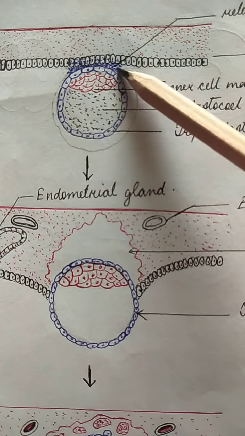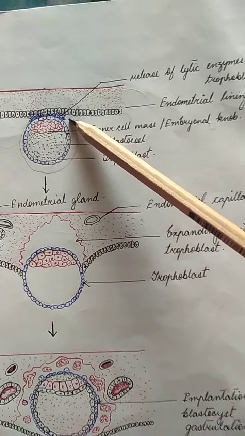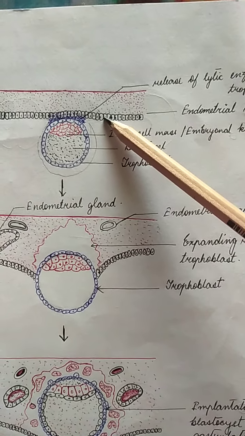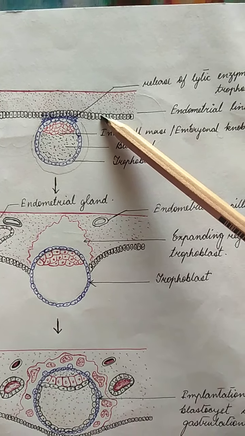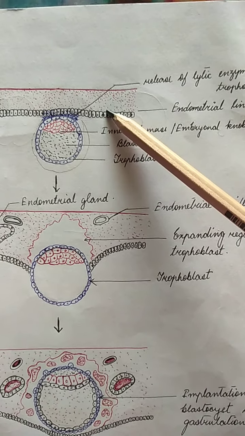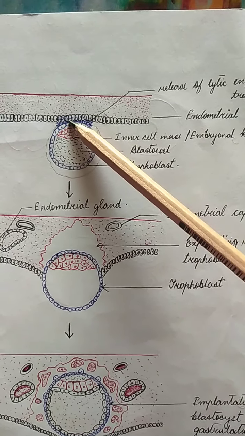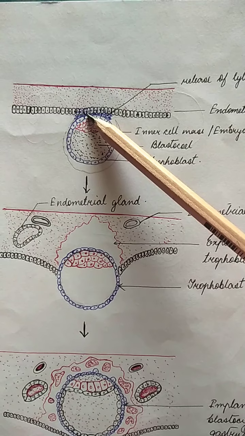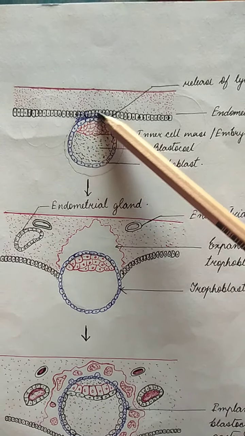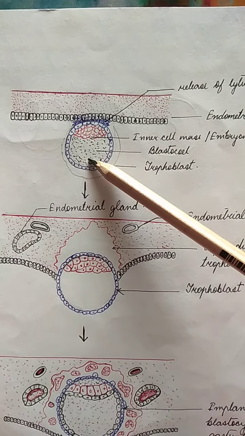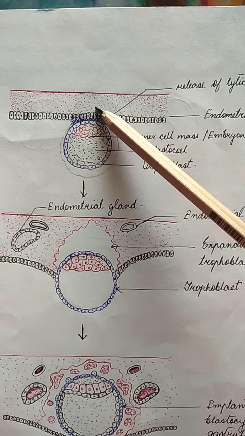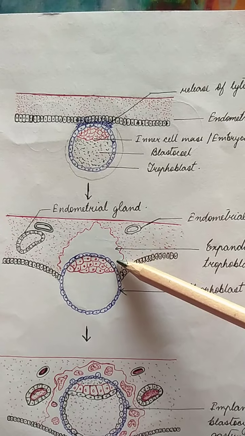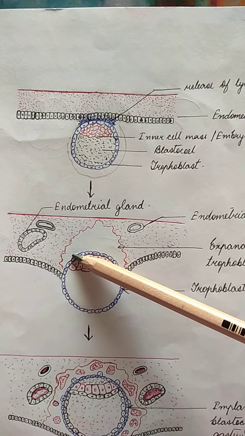These cells secrete and release lytic enzymes which destroy the endometrial lining, and the blastocyst enters into the pit that is formed due to the corrosive action of the enzyme.